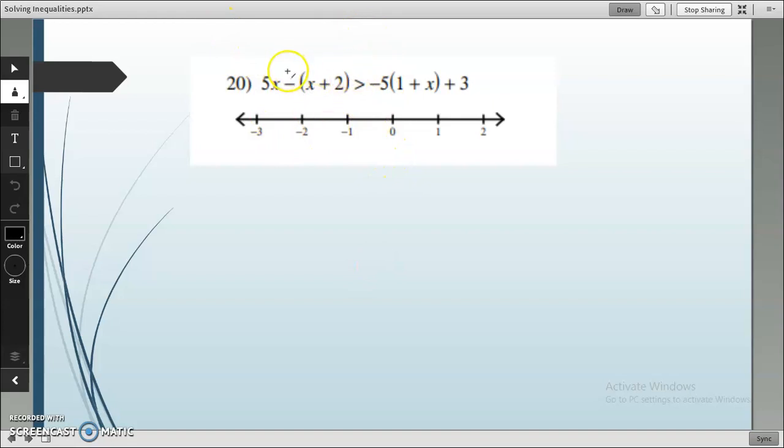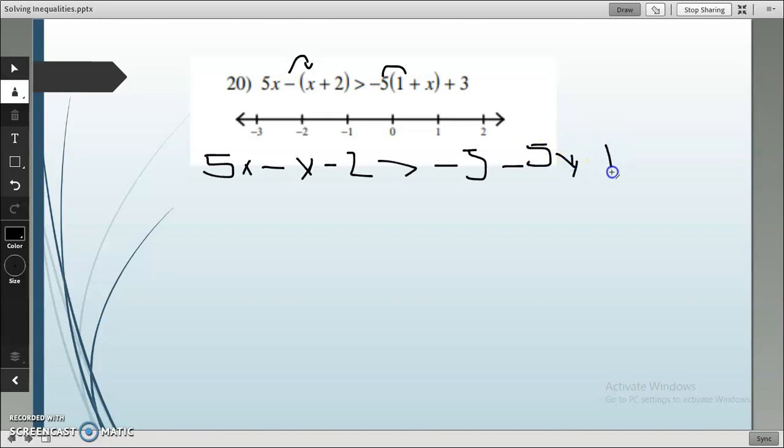Again, I'm going to go ahead and distribute through first. So I get 5x minus x. Minus times x is minus x. Minus times positive 2 is minus 2. Greater than negative 5 times 1 is negative 5. Negative 5 times x is minus 5x.